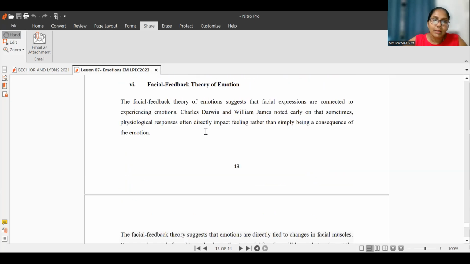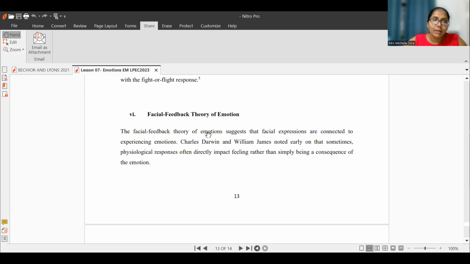Then facial feedback theory of emotion. Simply it says that emotion is created because of facial expression.